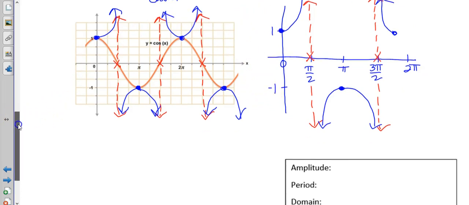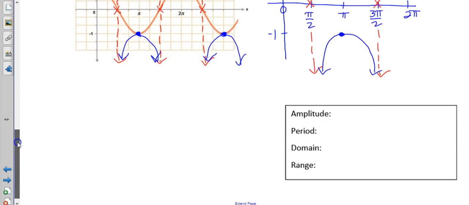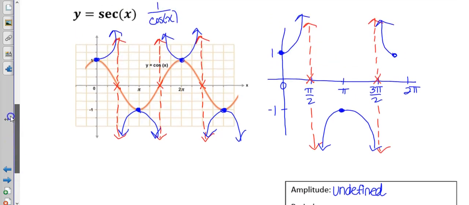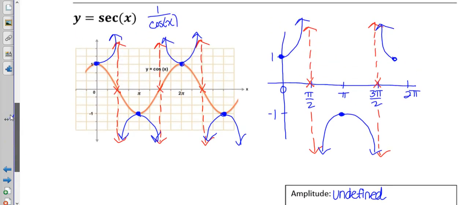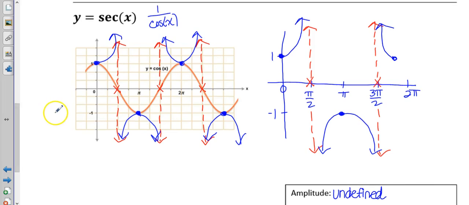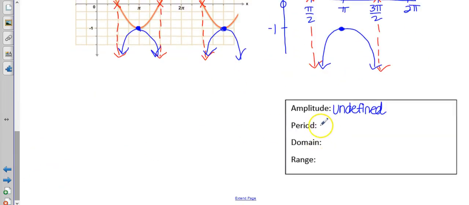Let's finish with our characteristics. We're done graphing secant. Amplitude is undefined. Period. So let's see, how long does it take to repeat? Once again, the repeat starts after 2 pi, so it's going to be 0 to 2 pi, so period is 2 pi.